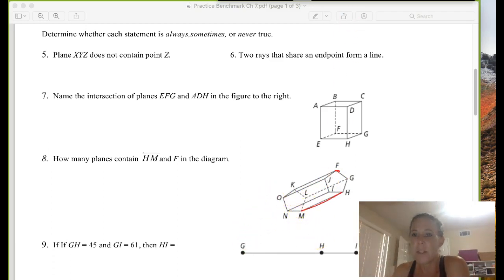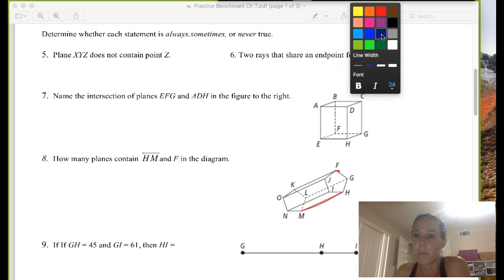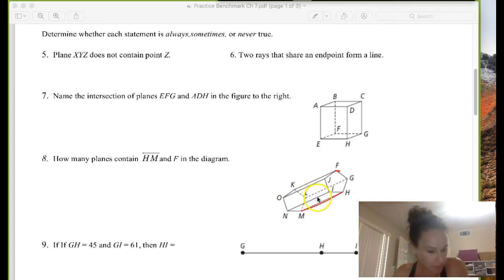Well, if I need to draw a plane that will touch both HM and F, can I do it? Well, I have a line. Let's just draw the line out here and not anything to do with this figure. There's line HM, okay, and here's point F. Is it possible to draw a plane through a point not on a plane and a line?